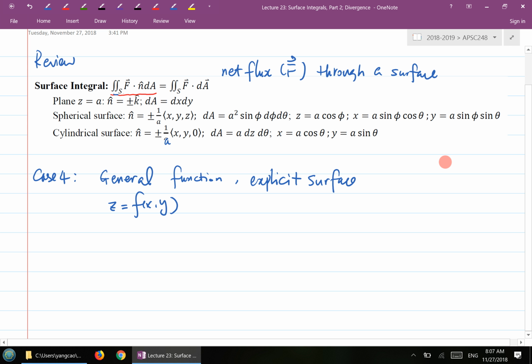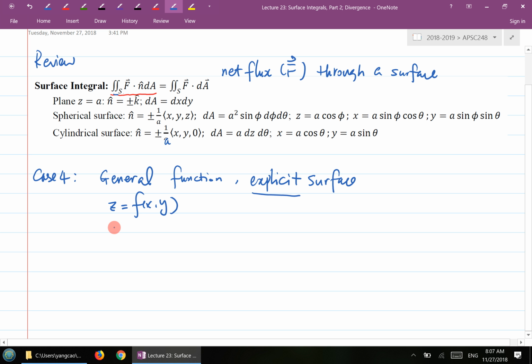Here is a function of 2 variables, and the first thing I did is to graph this function of 2 variables to give you a sense of what it looks like. I call it an explicit surface because you can explicitly express z here: z equal to f of x, y. You have an explicit expression for z.